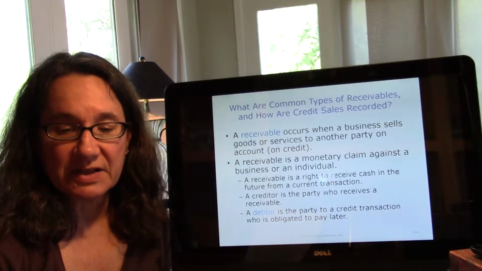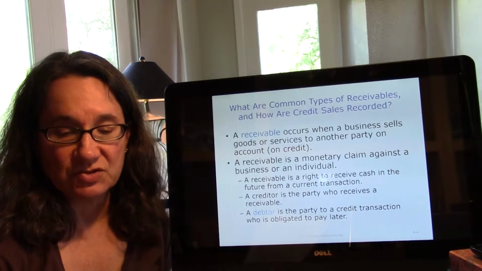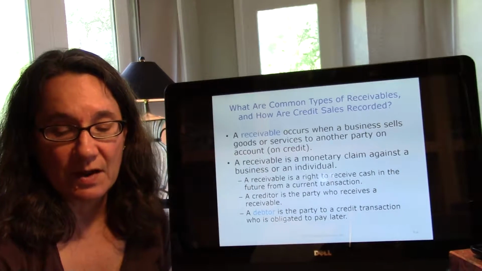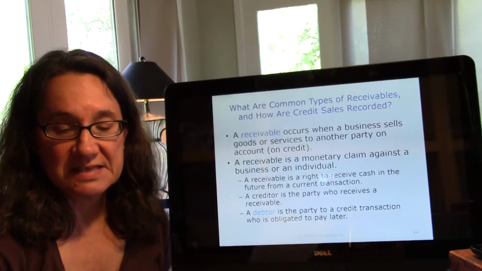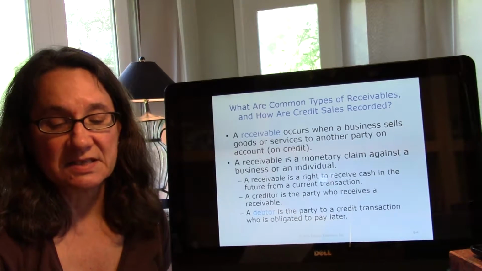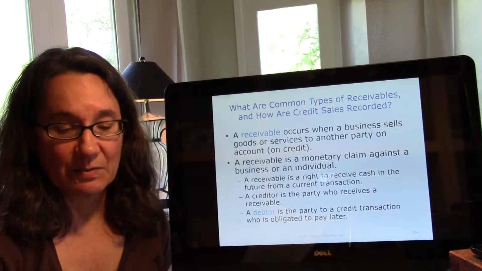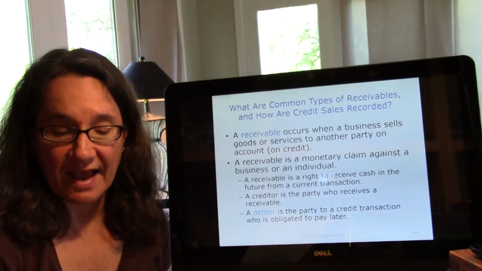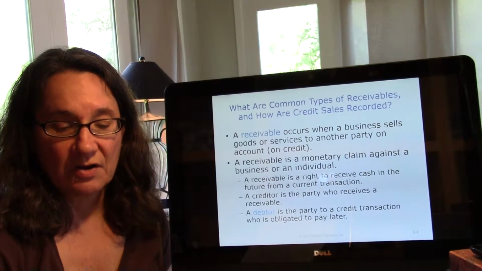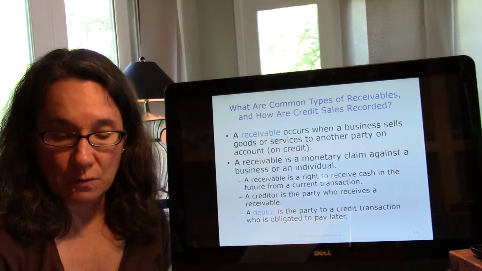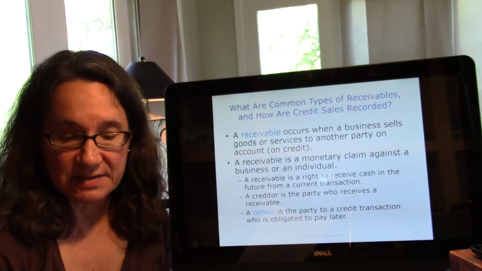It is a monetary claim against a business or an individual. The receivable is the seller's claim for the amount of the transaction. Receivables also occur when a business loans money to another party. A receivable is the right to receive cash in the future from a current transaction. It is something the business owns. It is an asset.